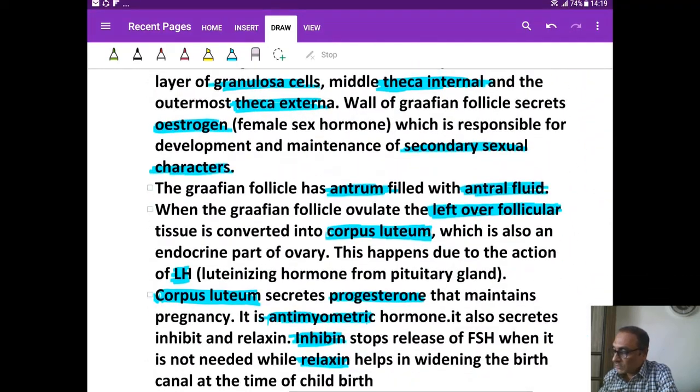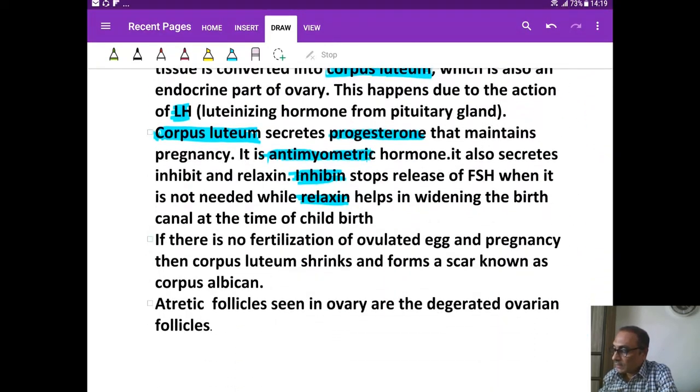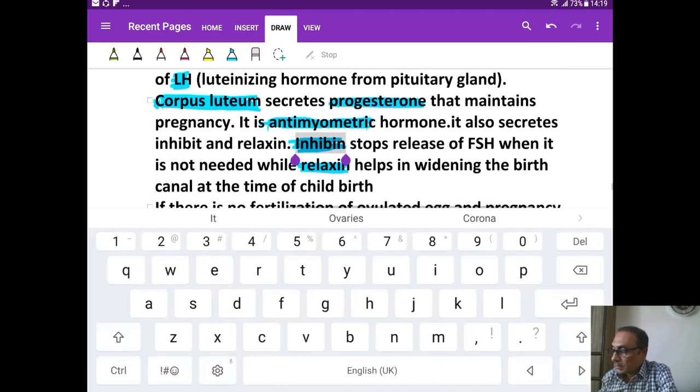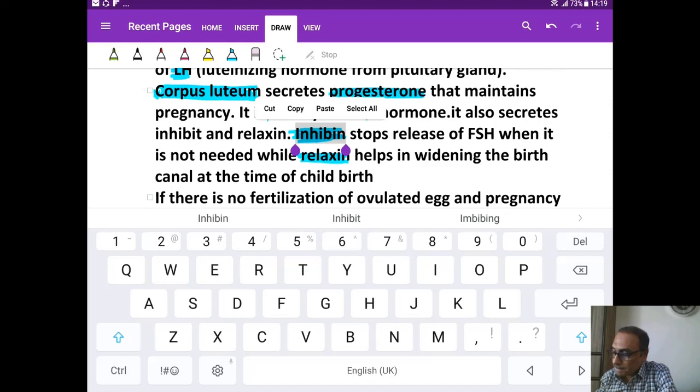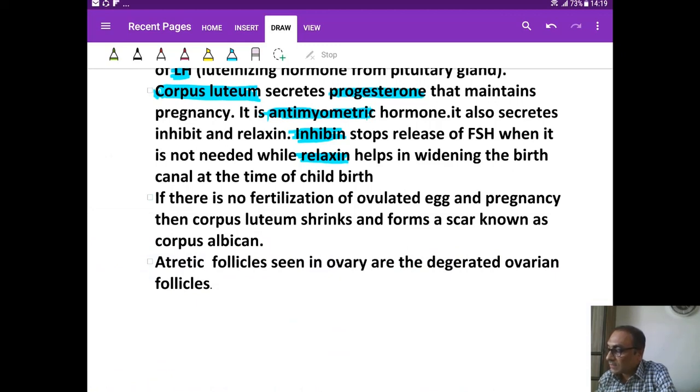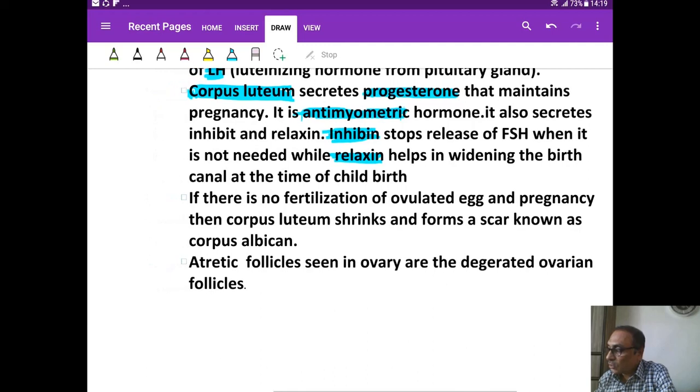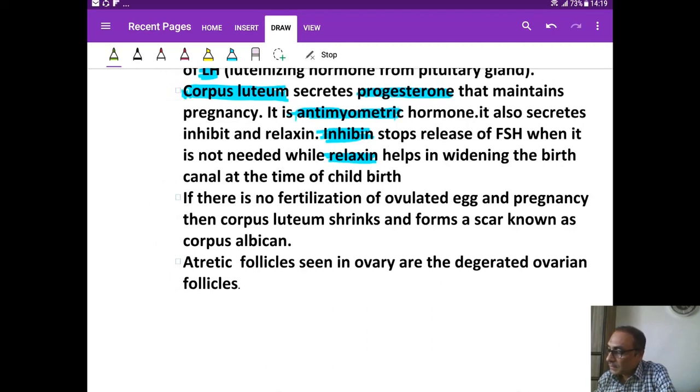Now we know the function of the progesterone, and we have also learned about the functions of the inhibin and relaxin. As I told you, inhibin, it stops the release of the FSH, and relaxin help in widening the birth canal at the time of childbirth.